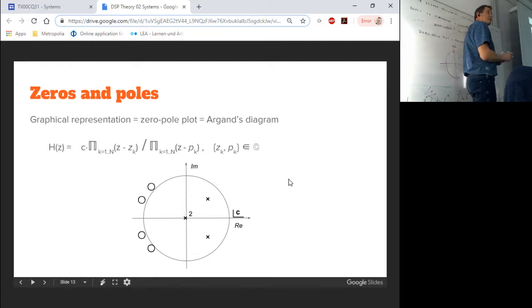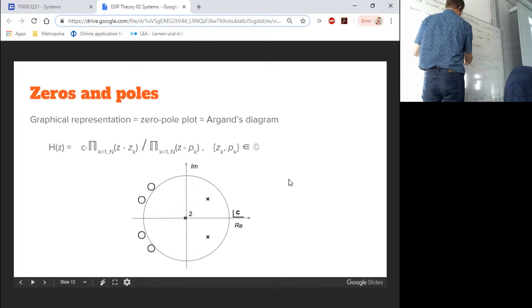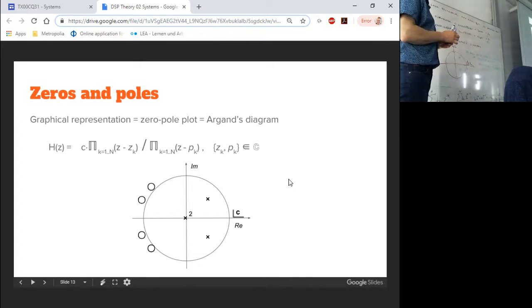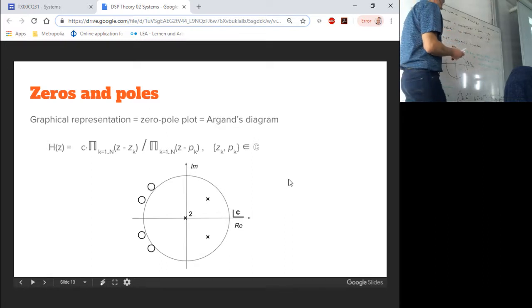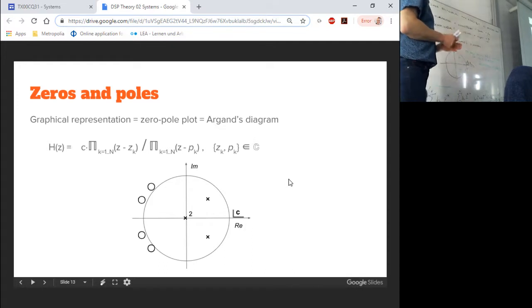Bounded input, bounded output stability is guaranteed for an LTI system which has all poles inside of the unit circle. The zeros can be anywhere. You can get most of the system if you put the zeros on the unit circle.